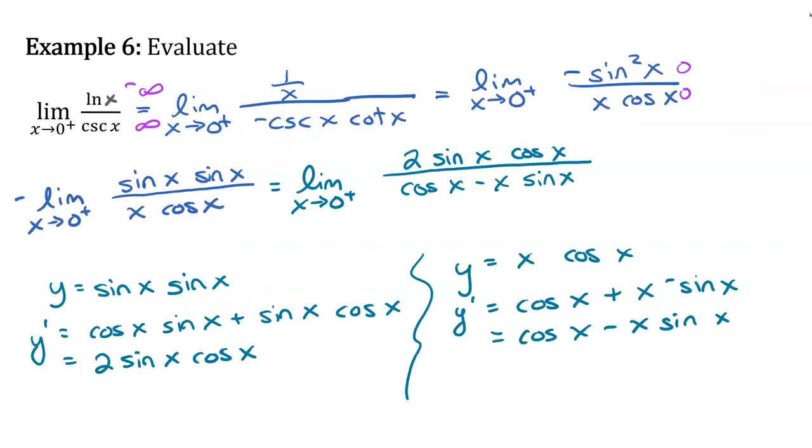You may want to pause the video to make sure you understand where everything went. I rewrote sine squared as sine times sine so we could apply the product rule to find its derivative. The derivative of sine is cosine, so that added together to give us 2 sine cosine. I had to do the product rule again for my denominator. The derivative of cosine is negative sine, so that's where the negative came from. So pause the video and make sure you understand where everything went.